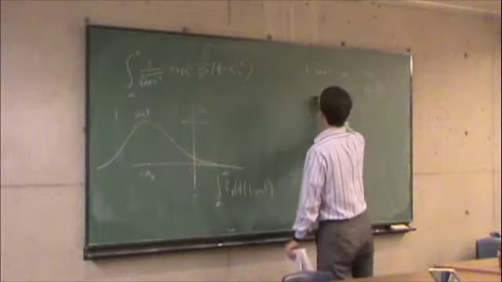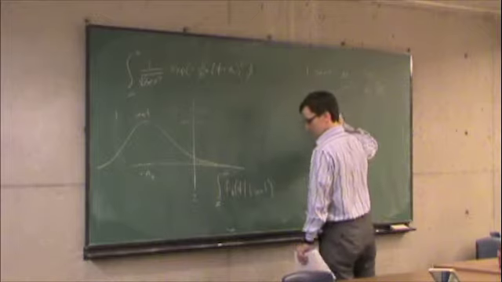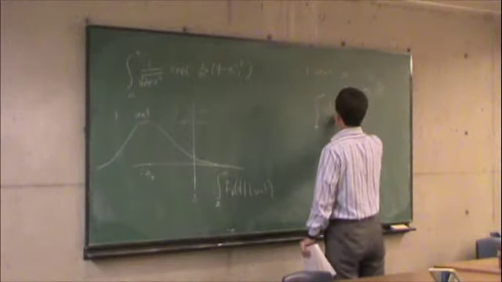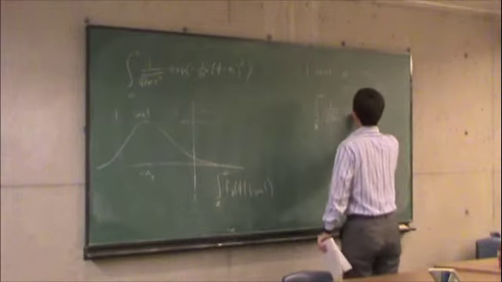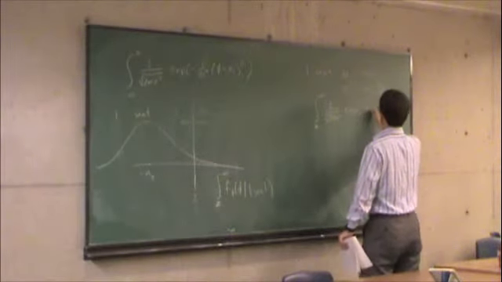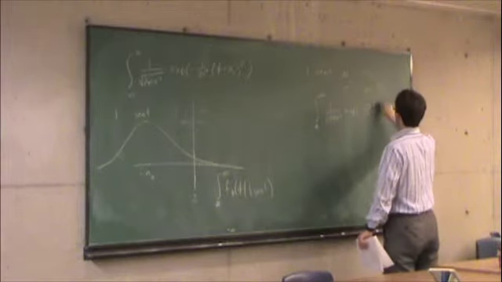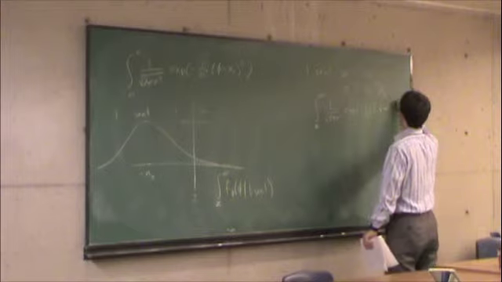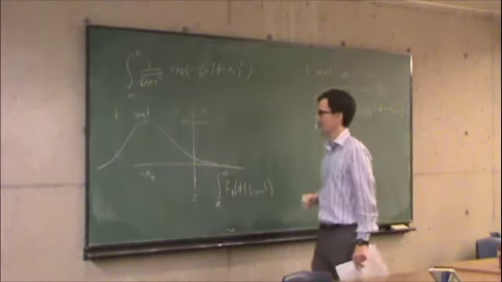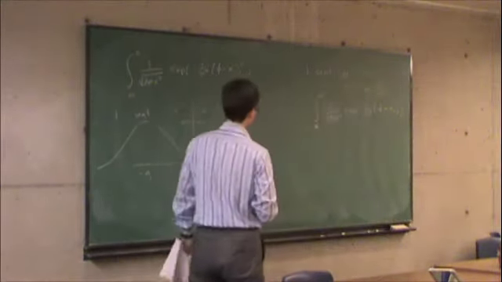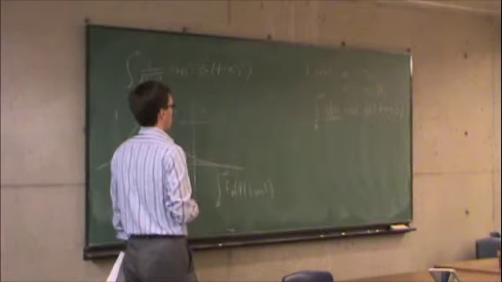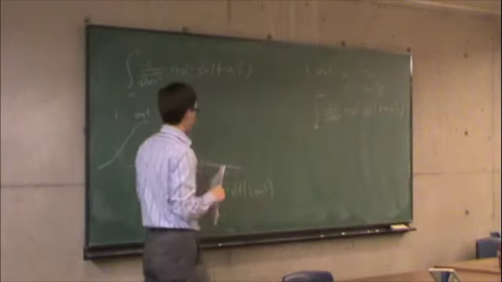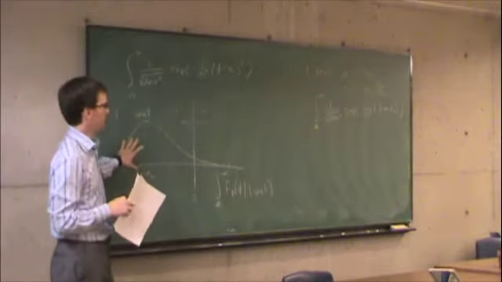So therefore that's equal to the integral from Z to infinity of 1 over root 2 pi sigma squared, e to the power of minus 1 over 2 sigma squared, phi plus NB squared.